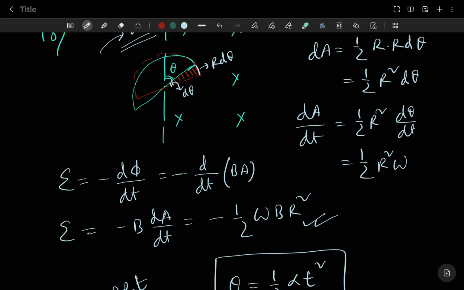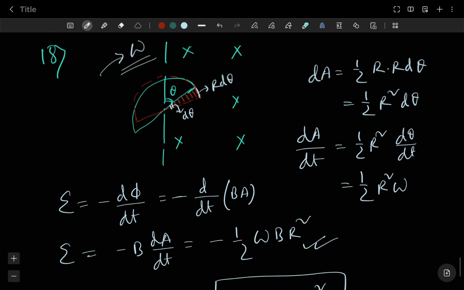Again you see, when it moves from 0 to pi, within that period EMF will be negative.